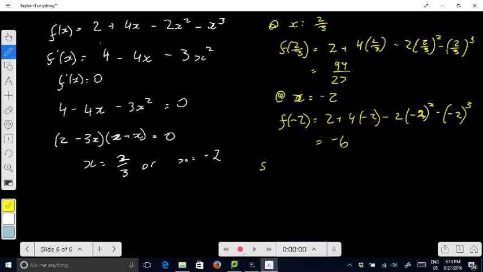So the stationary points are going to be at (2/3, 94/27) and (-2, -6).